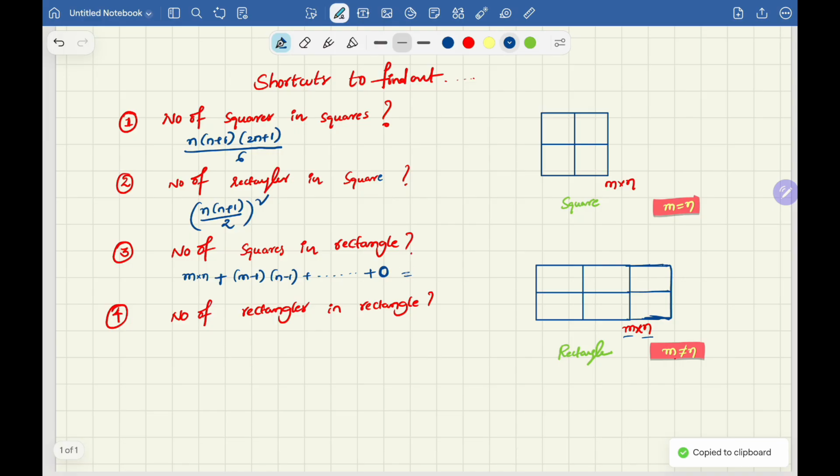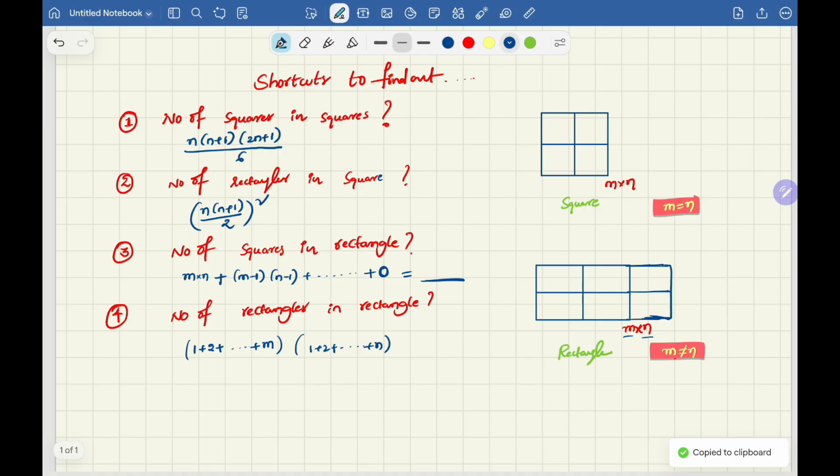Then find the overall addition. And number of rectangles in a rectangle, how to find out this one? This is also the easiest one. You can start from 1 plus 2 plus and so on up to the number of rows, and the same, 1 plus 2 plus 3 and so on up to the number of columns. So it's very easy, right?